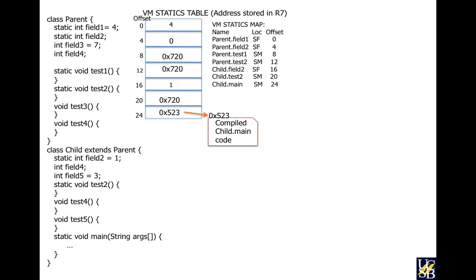Either way, we'll talk about the differences between interpretation and compilation in future classes. But either way, main now has a new address. It's the location in memory where the code is. So we removed 720 and we updated it with 523, the address in memory at which main is stored.